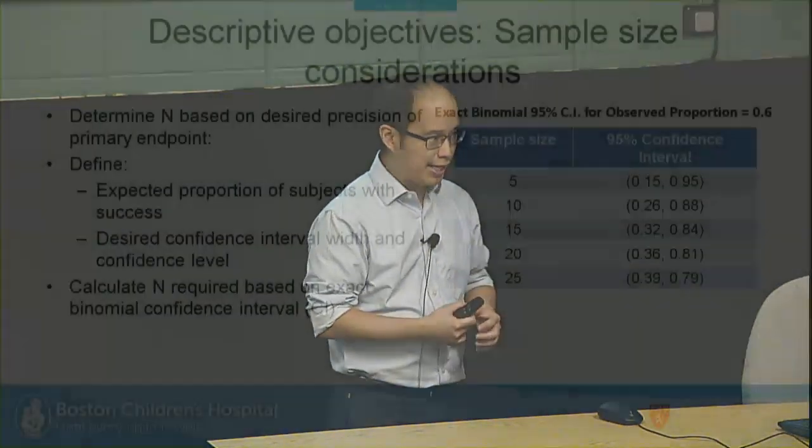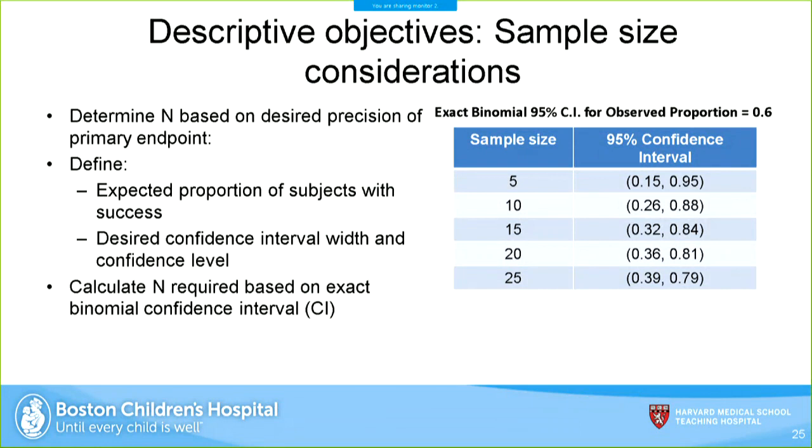I'm going to again split up the sample size considerations between descriptive and comparative objectives. And here I'm not trying to present a number of different formulas for all different scenarios. I want to give a conceptual explanation of the calculation using one specific example. In this case, what we're trying to estimate is the proportion of patients with a success.